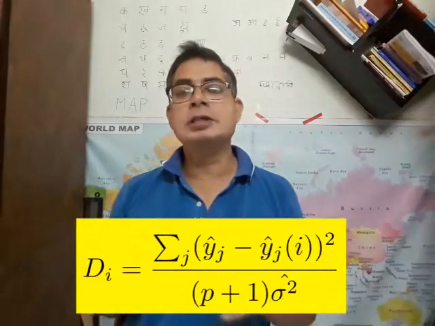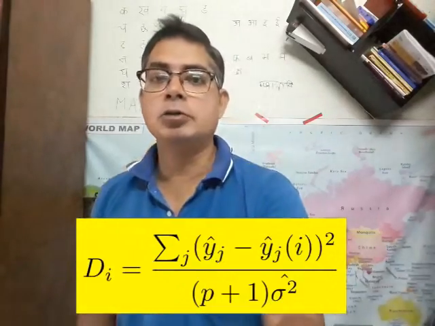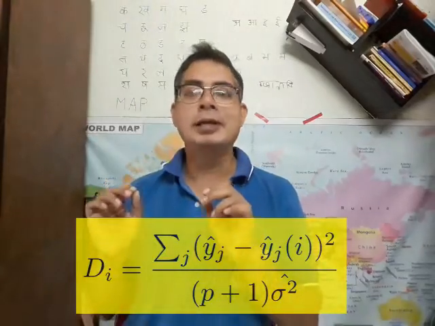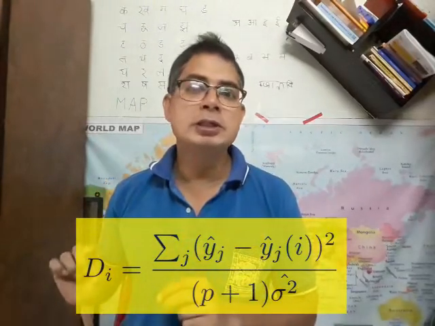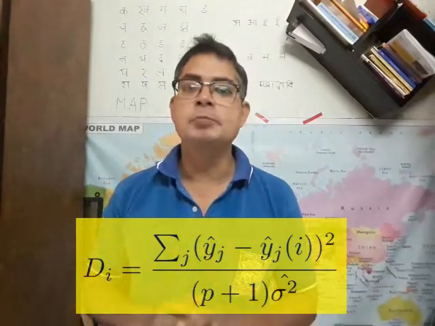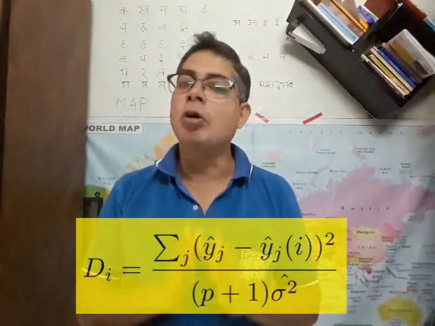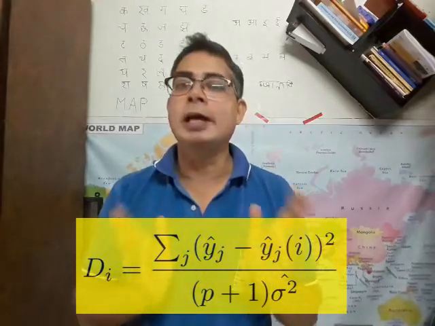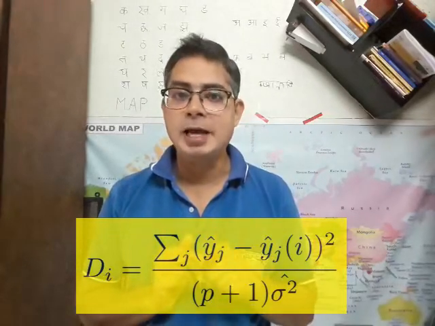Now, Cook's distance is a way of doing that summarization, and it is defined in this way. Cook's distance D_i, where i is the particular case that you are deleting, is the following. You try to predict all the things using the entire data, that is your y_j hat.